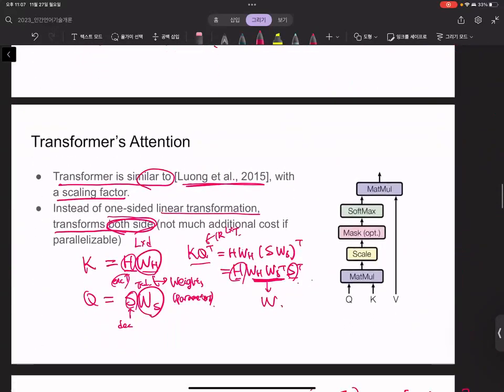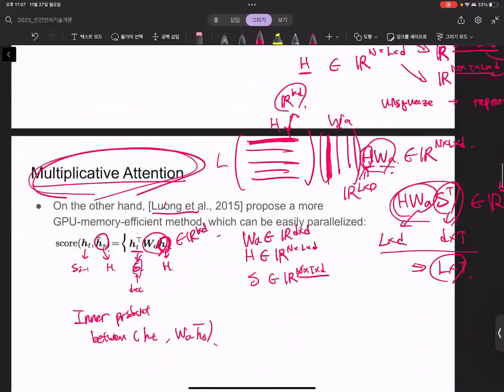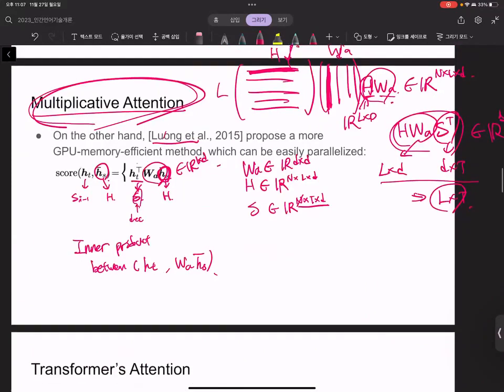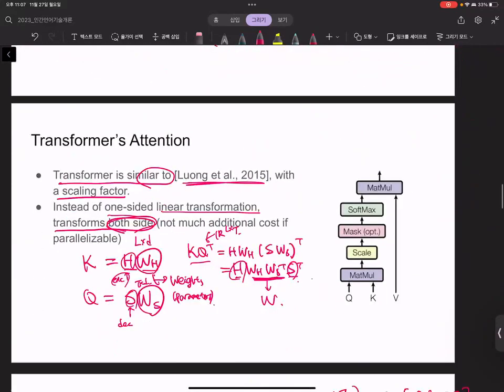And L is the source sequence length, and T is the target sequence length. So this is the L by T, and this is T by D.